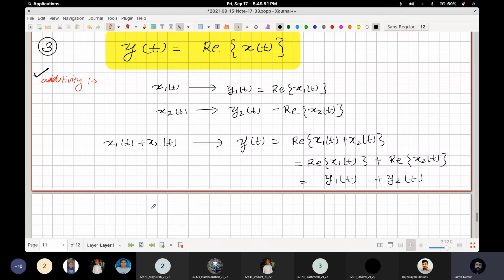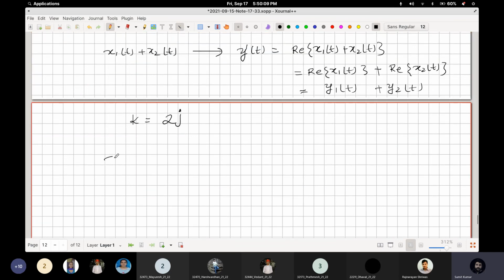It's much easier to show this. You can use any counterexample here. Let's take the constant k as 2j. So when you are giving xt, what is the output?